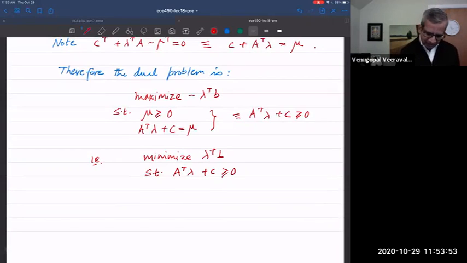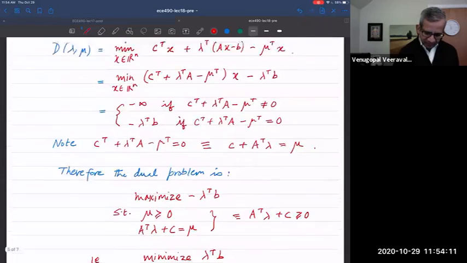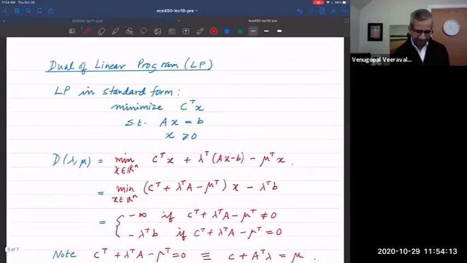But what happened here? We know that the solution to this dual problem has, at least in value, the same value as the original problem. But there's an interesting difference between these two. What is that? You look at this problem.